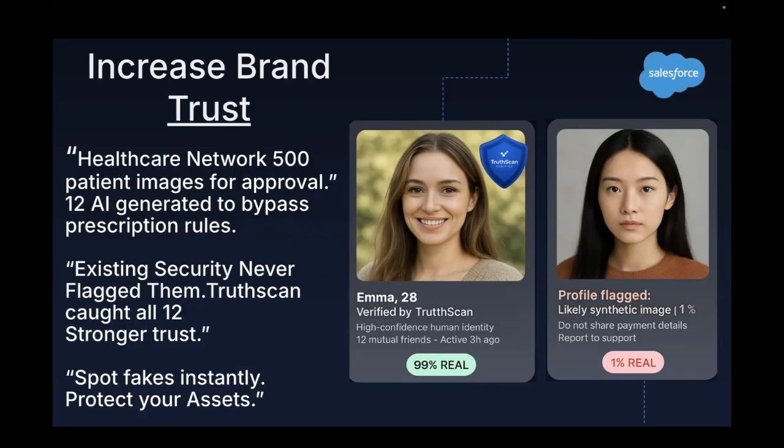Now, your firewalls and the existing security that they had in place did not catch them, right? TrueScan scanned all 12 of them because we're built from the ground up specifically to detect AI content. So we want to spot these fakes instantly and protect all of our assets.